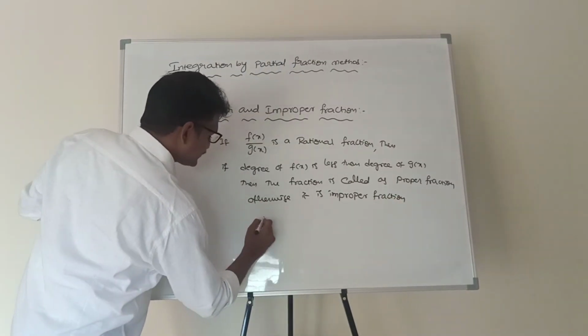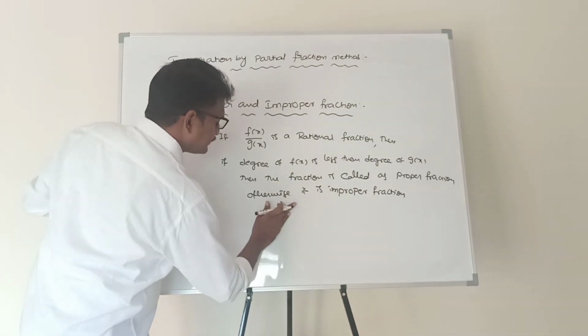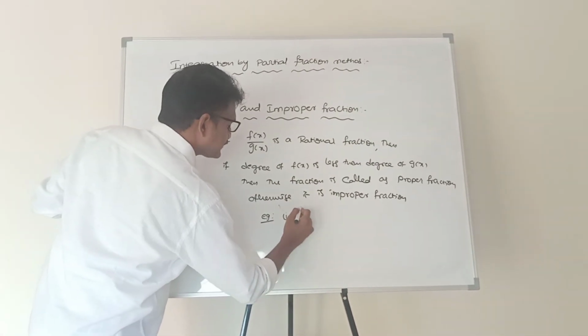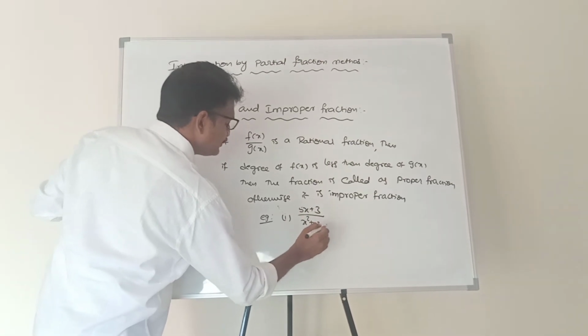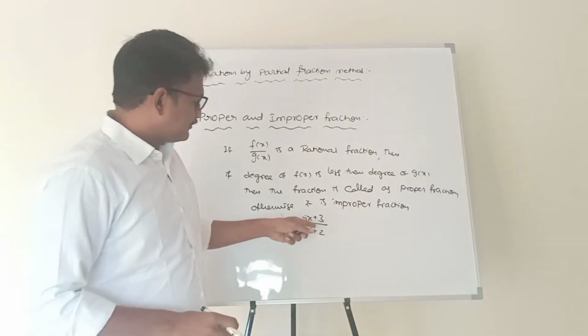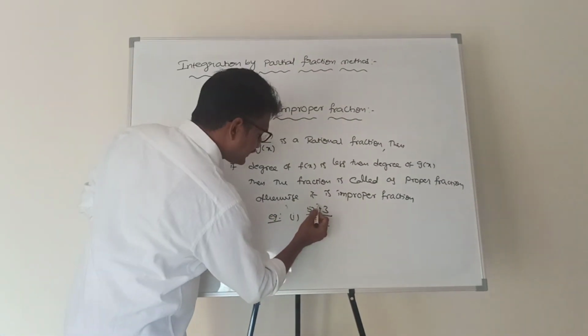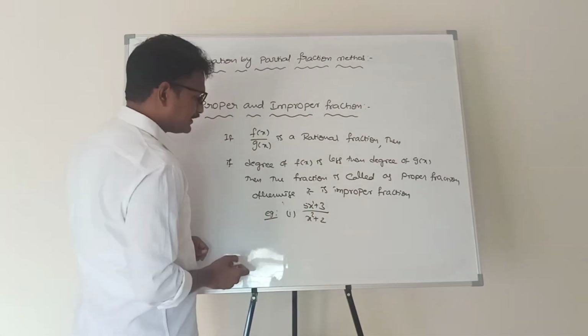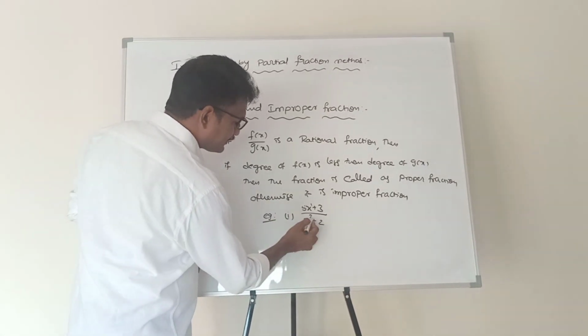Suppose you take the example 5x plus 3 by x square plus 2. Here 5 and 3 are constants, x is the variable. What is the variable power? 1. Here 2 is a constant, x is the variable, and the variable power is 2.